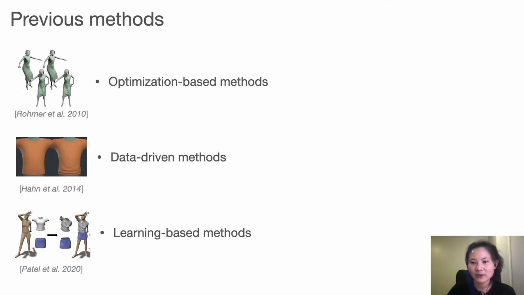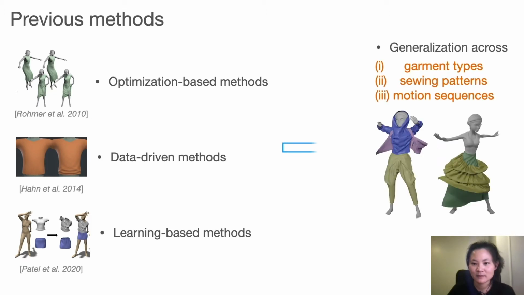There have been various efforts to augment coarse simulation output with fine details, using various approaches including optimization, data-driven, and learning-based methods. However, none of them developed a universal pipeline that enables generalization across different garment types, sewing patterns, and motion sequences.